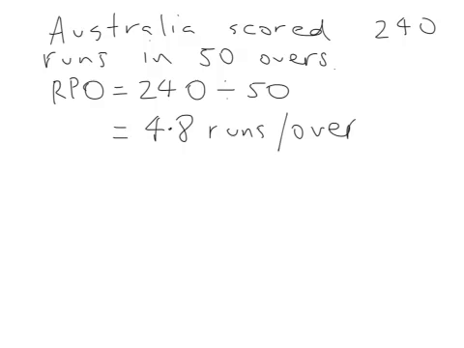But what this is, is an average. So what this is saying, we might have an over where I score 4 runs, and then 5, and another 5. I might have a 1 run over, I might have a 10, but overall it averages out so that I'm scoring 4.8 runs per over. It doesn't mean I'm scoring exactly 4.8 every over, but as an average through this innings, I've scored 4.8 runs per over.